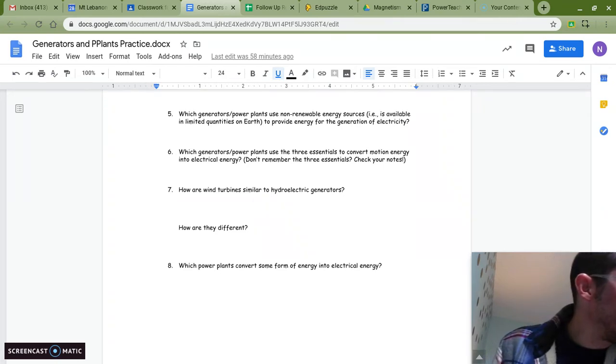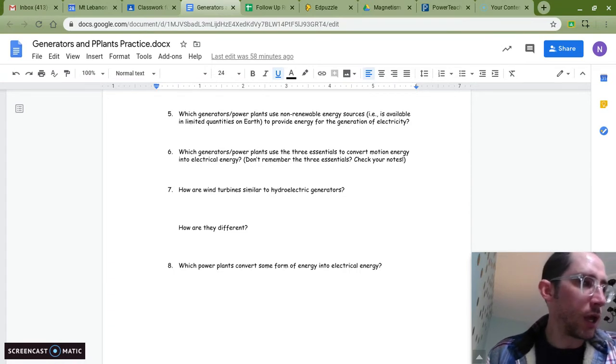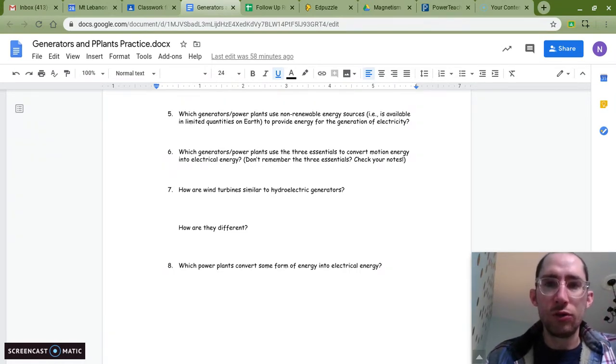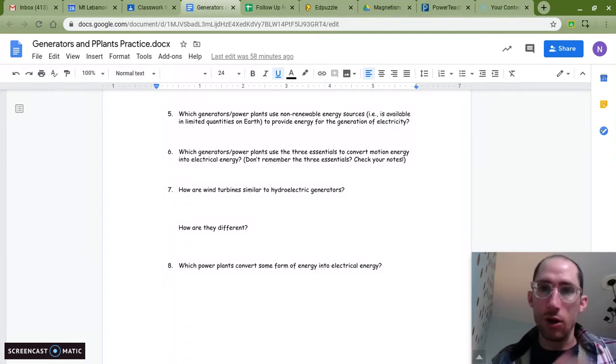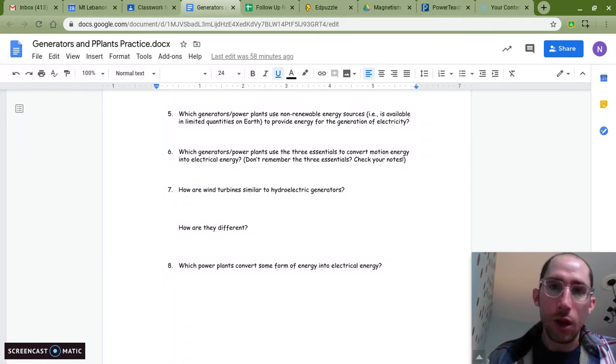All right, number 5. What am I talking about? Non-renewables. Okay, yeah, coal and nuclear use non-renewables. Non-renewables are resources that you can't renew. That means they're available only in limited quantities on Earth. Like once we mine all the coal from Earth, that's pretty much it.